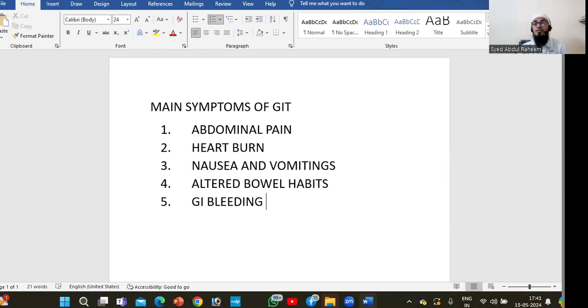These are the possibilities of GI bleeding.